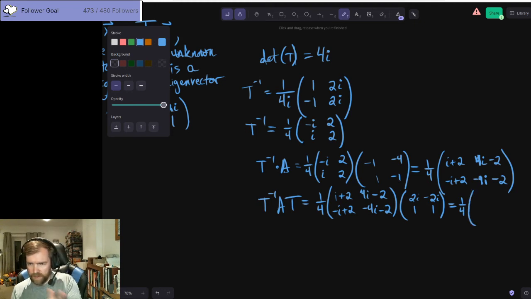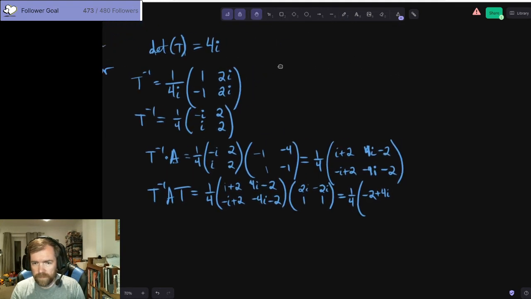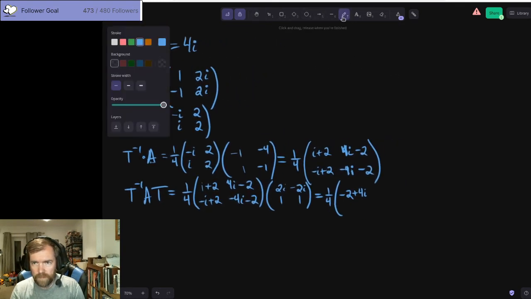Here we get 2i times i is going to be a -2, plus 4i. And then we get 4i minus 2 multiplied by our 1 at the bottom.